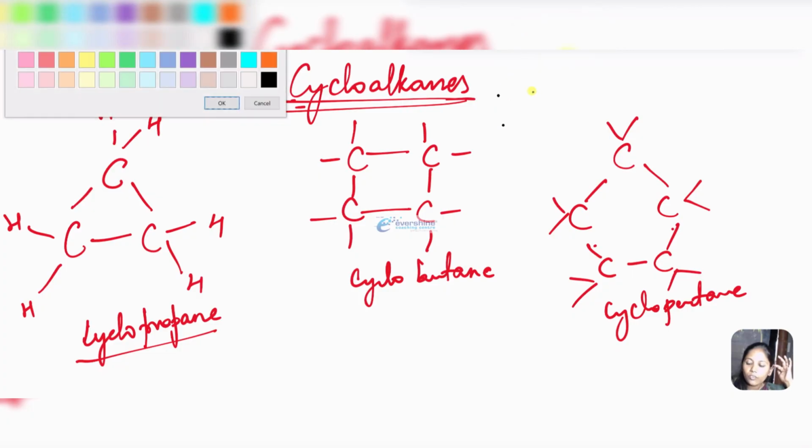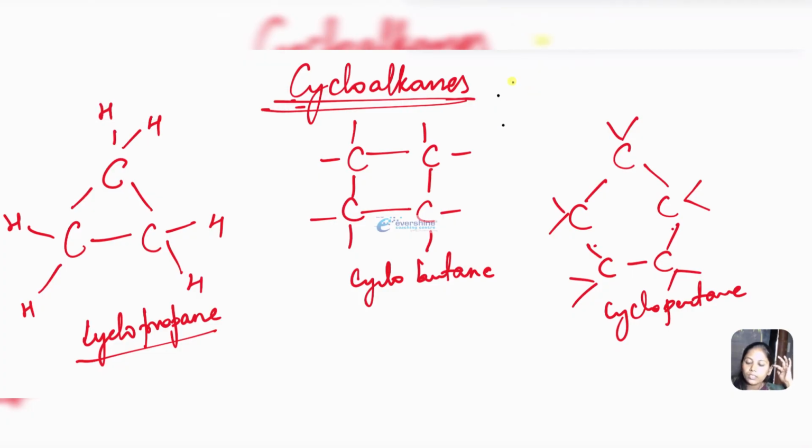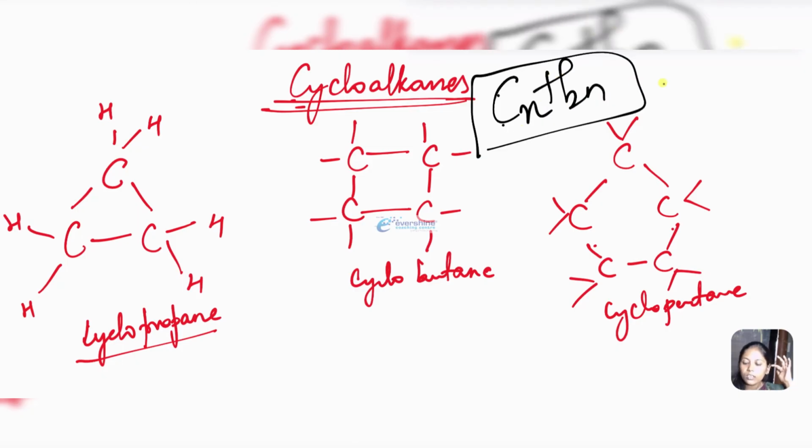The general formula of cycloalkanes is CnH2n.